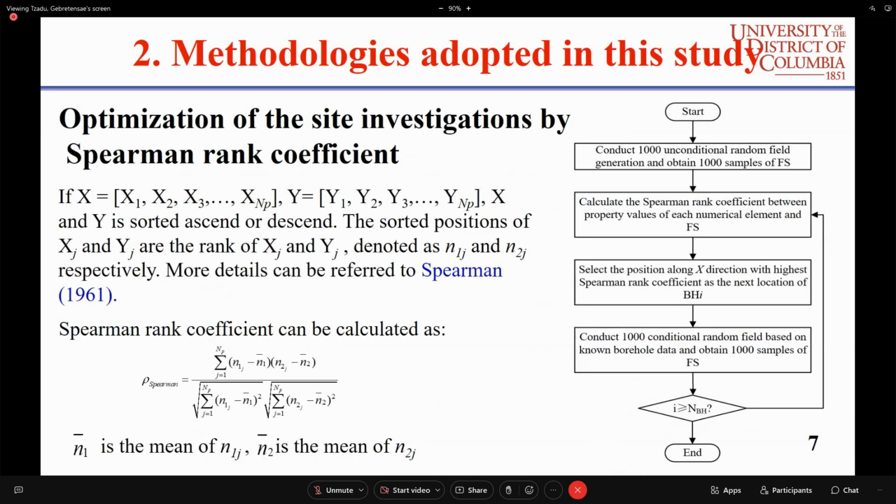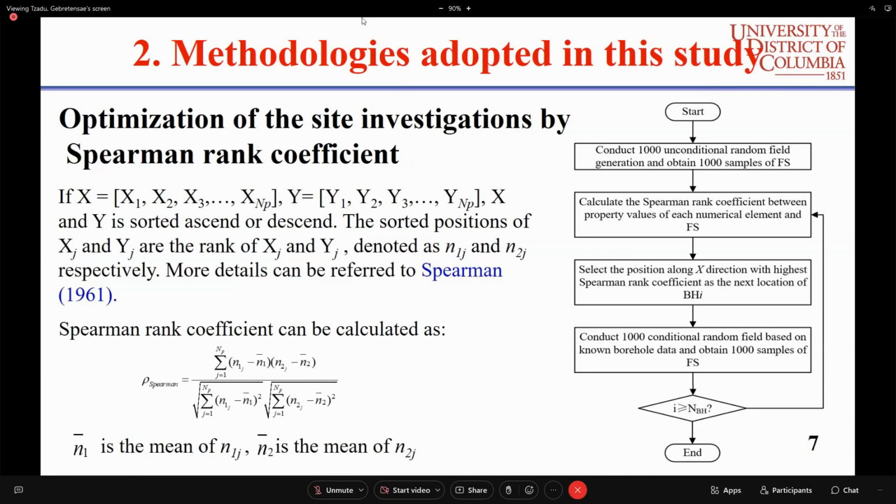And the figure on the right shows the flow procedures of the proposed method. First, we perform 1,000 simulations. And then we can get 1,000 samples and 1,000 factors of safety.